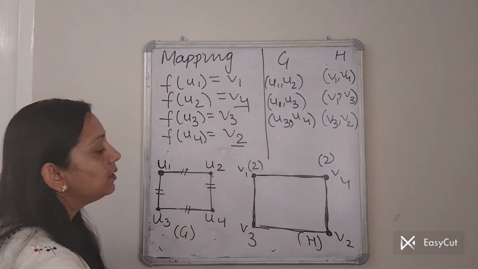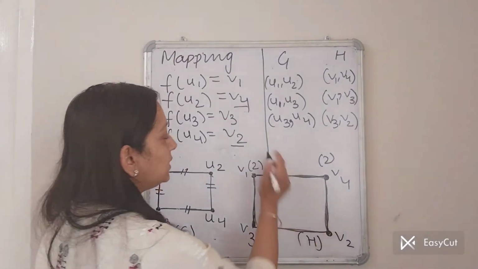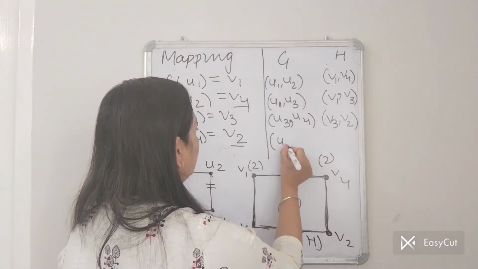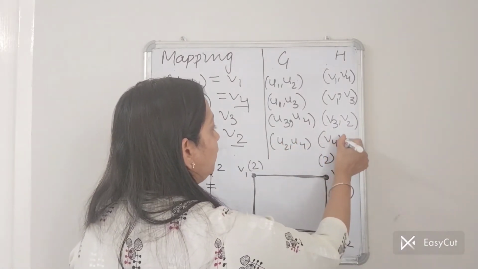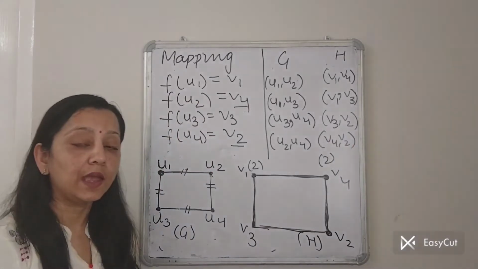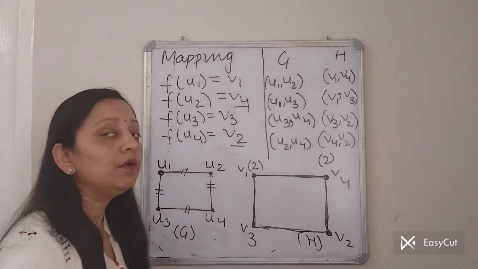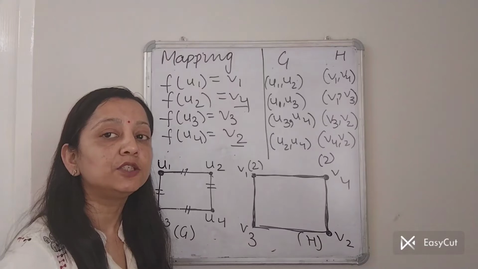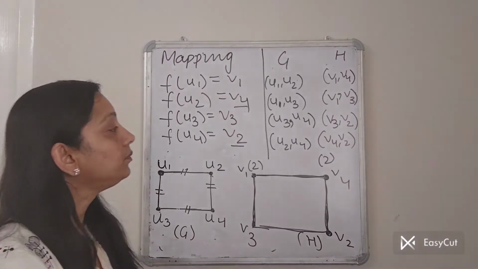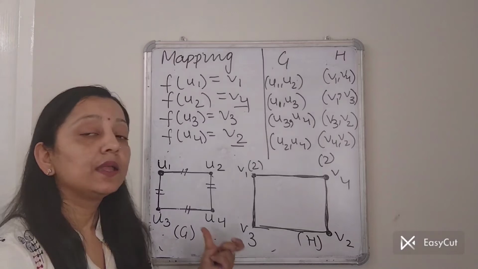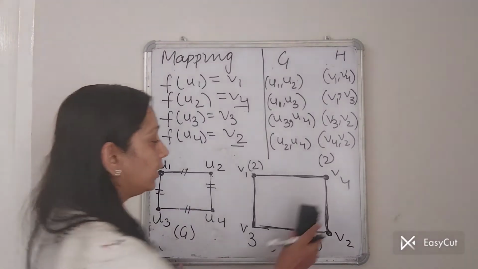That means there must be an edge between V4 and V2, which is existing. So my mapping has been validated since there is an edge between the corresponding pairs of vertices. Now I can say that these two graphs are isomorphic.